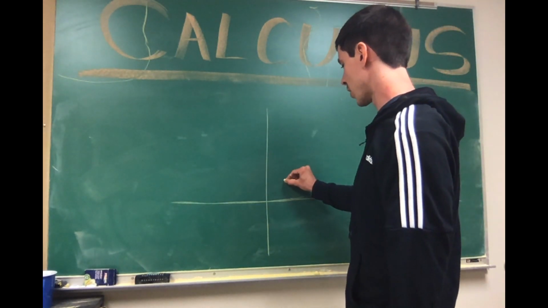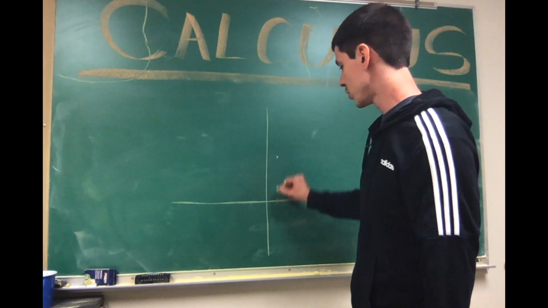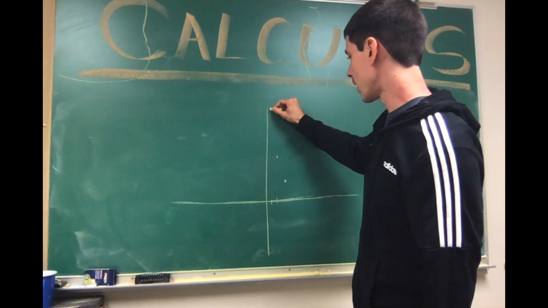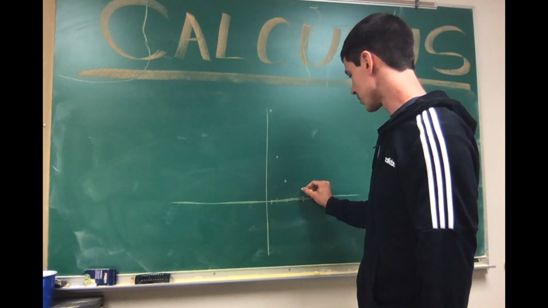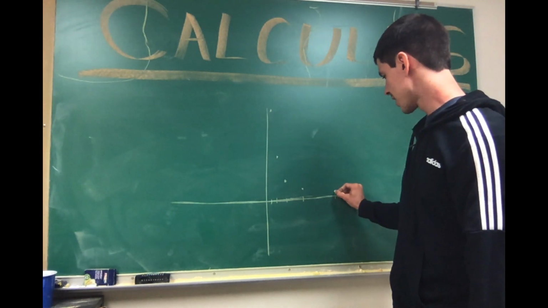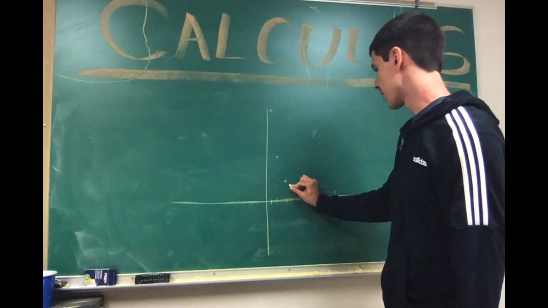So remember, y equals 1 over x. If we wanted to graph it, okay, let's go here to 1/2. It's going to be about 2. 1/4 is going to be about 4. And then over here at x equals 2, y is going to be about 1/2. x equals 4, y is going to be about 1/4. Then we connect the dots, and we have a curve.